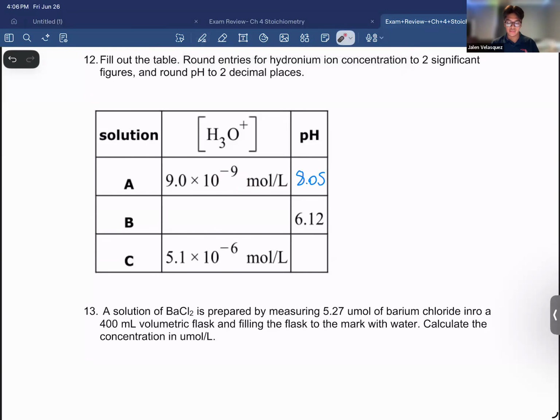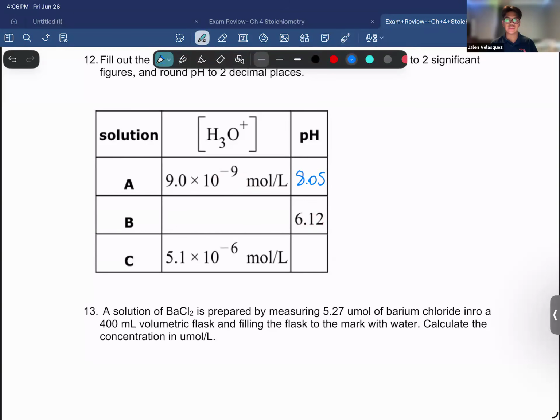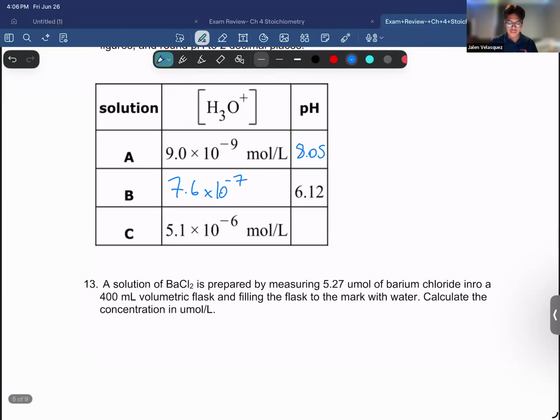Solution B, you're provided the pH, so just take 10 to the negative pH to get the hydronium concentration. That will be 7.6 times 10 to the negative 7. And then for C, get the pH from the concentration, it's 5.29.